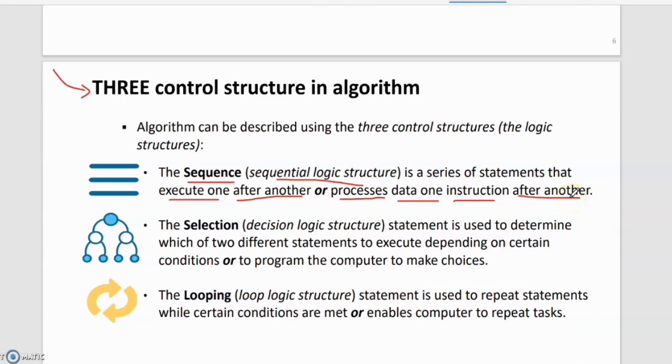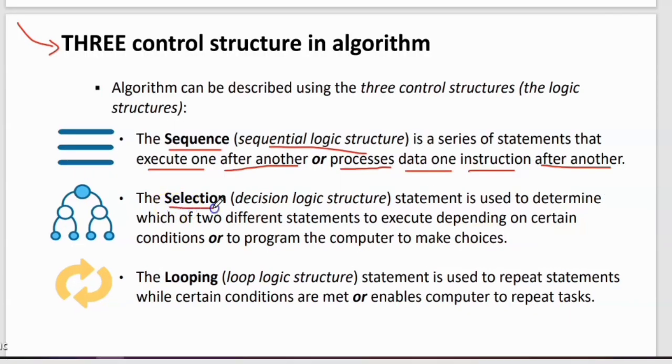So remember the keyword: a series of statements that execute one after another.